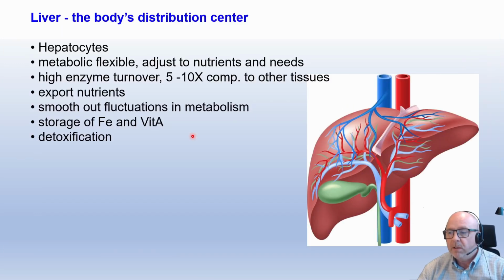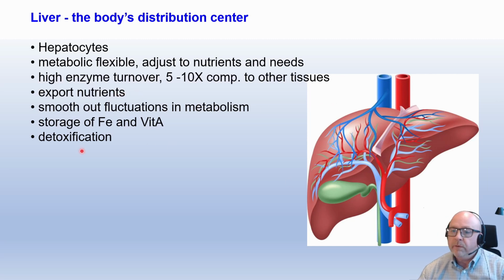So first, start with the basics, the liver, the body's distribution center. So the liver, the cells are called hepatocytes. They are metabolically flexible, so they adjust to nutrients and needs of the body in response to hormonal signals, as we discussed. They have a high enzyme turnover, 5 to 10 times the normal going on in other cells and tissues, and they're specialized to export nutrients.